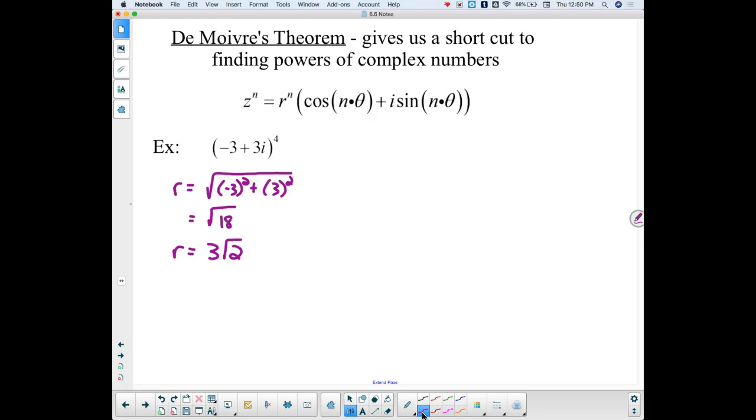Agree with that? Okay. I could say that this gives me a reference angle of 45 degrees, because that's where tangent is equal to 1. And since this point lives in quadrant number 2, my actual theta would be 135 degrees.